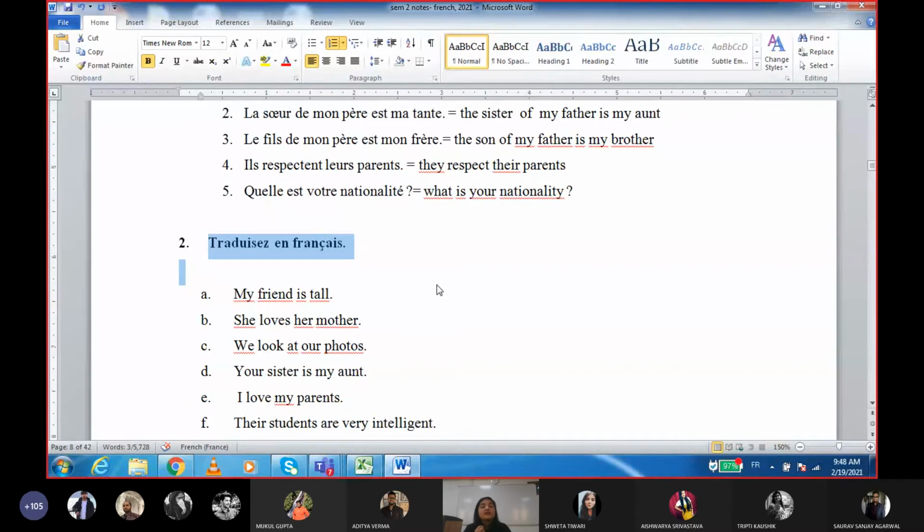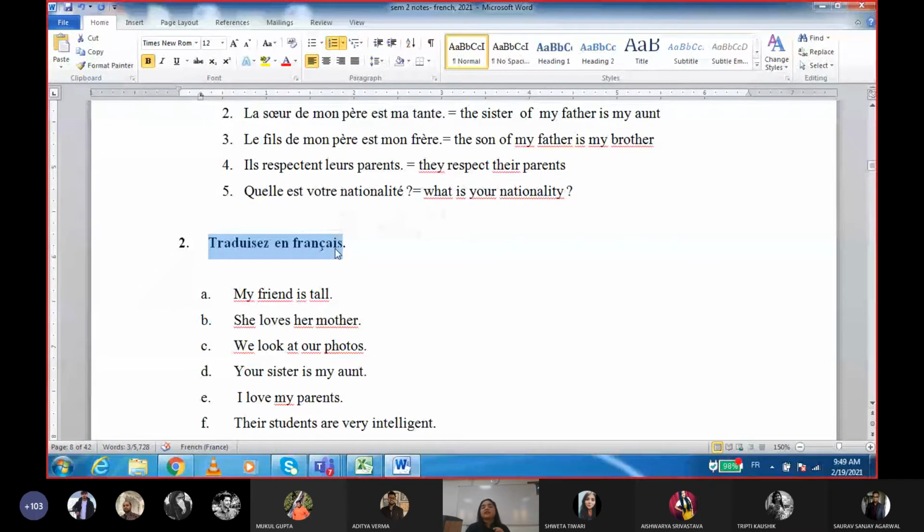Whenever you have translate in French, we will do it towards the end of the semester so that our vocabulary is in place. I know what is my, but till now I don't know what is friend or tall. Once we have that level of vocabulary towards the end of the semester, we'll do translations in French for all the chapters together. Before the final exams, we'll complete this.